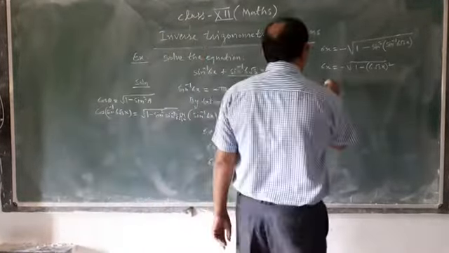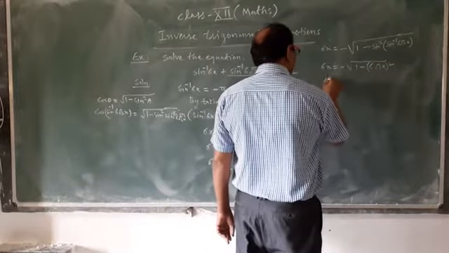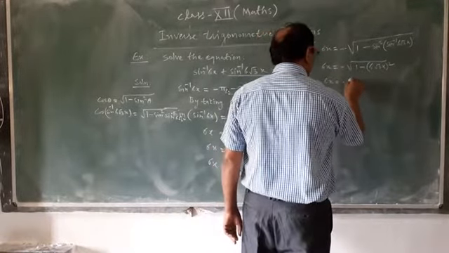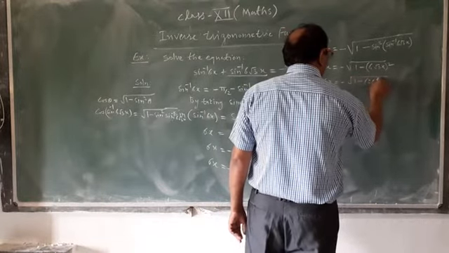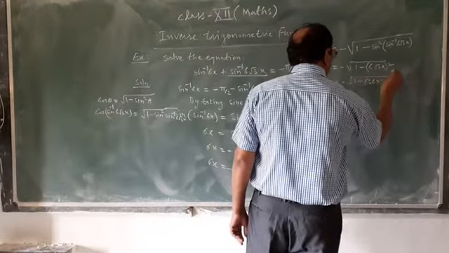Means 6x is equal to minus square root of 1 minus 6 square is 36 into 3.